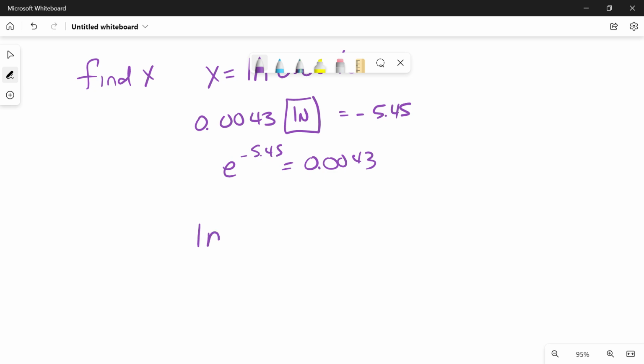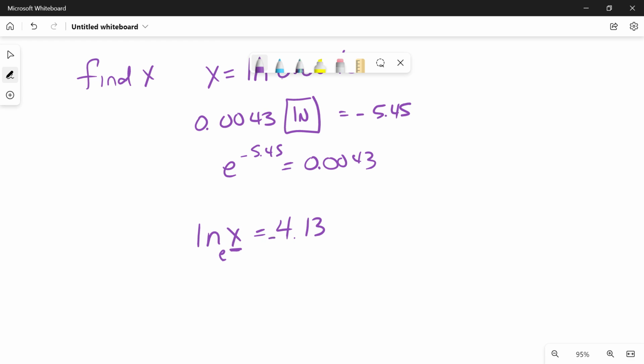The natural log of x equals negative 4.13. Remember, now I'm trying to find the antilog. I know this is e, so e raised to the negative 4.13 equals what?